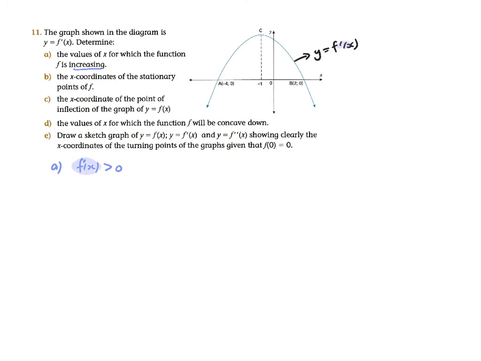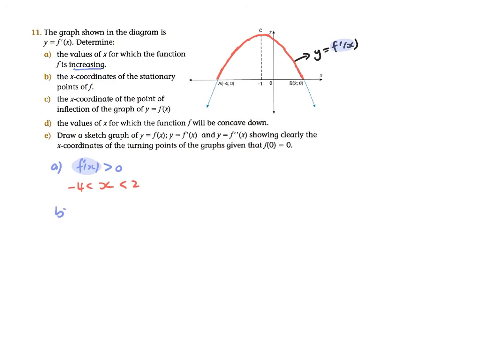Now this is f prime x. All the y values here are actually f prime x. So where's f prime x positive? Where is it above the x-axis? It's above the x-axis all the way there. So which values will be increasing? Between -4 and 2, all those real values.